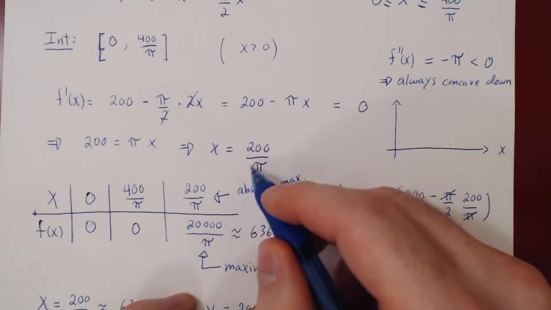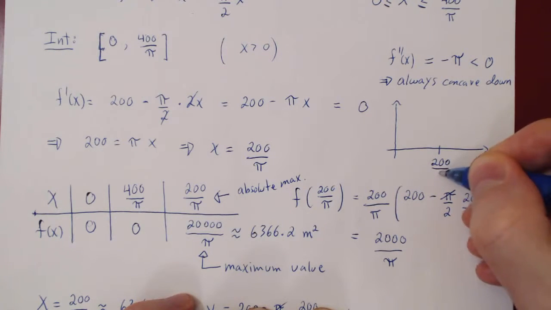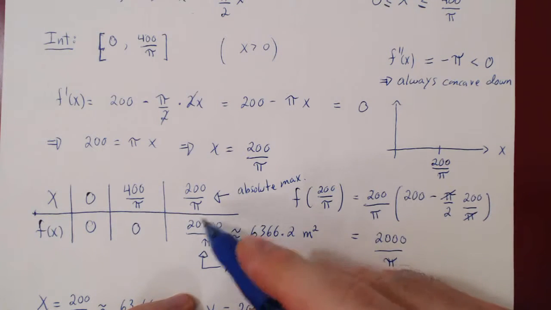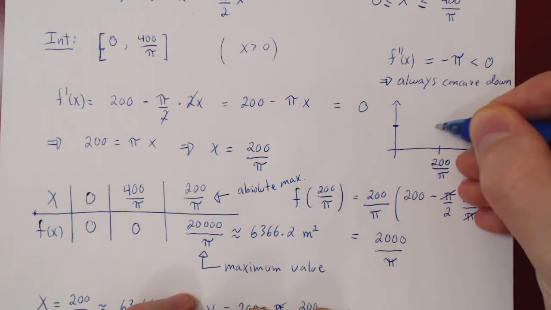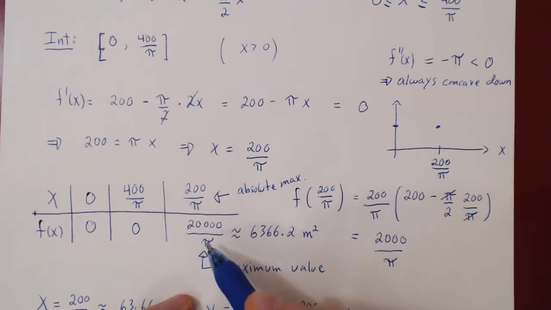You have a unique critical point at 200 over pi, and when you plug this into your function, as we did here, you'll find this value of 20,000 over pi.